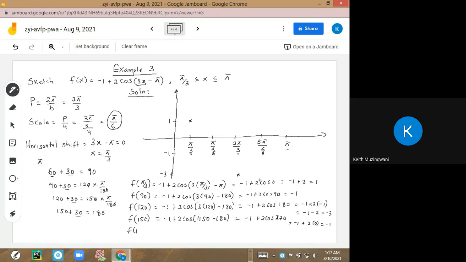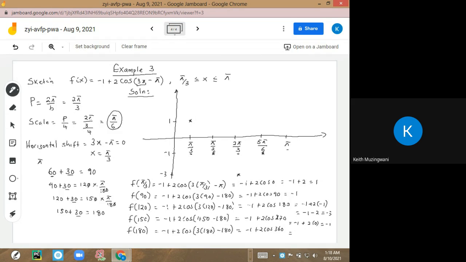And then f of 180, that is negative 1 plus 2 cos of 3 times 180 minus 180. I know it is negative 1 plus 2 cos 360.